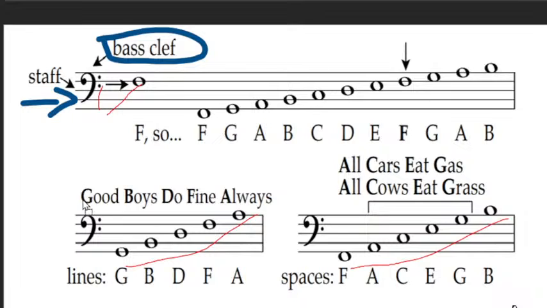So this is a very important sentence. My pen is not picking, but it will pick here. So you say good boys do fine always, or we choose one, all cows eat grass. So you'll be able to get all the notes in the space and on the lines.